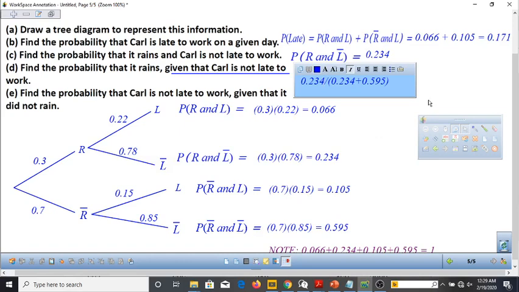So that's what it works out to be. So let's see what our answer works out to be here. It's going to be 0.234 divided by the sum of 0.234 and 0.595, which that sum is 0.829.